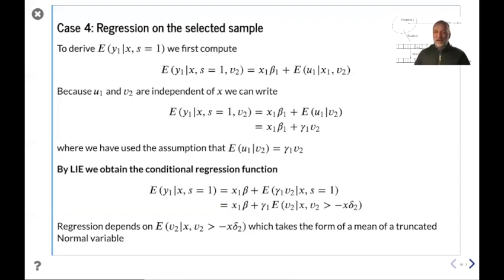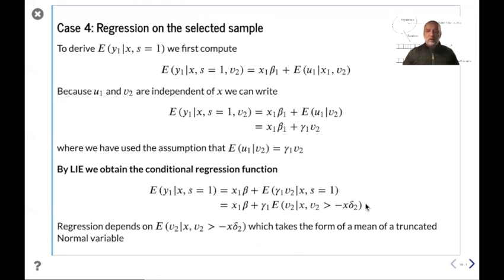So even though it has unconditional mean 0, for the selected sample, namely the case where this is supposed to be bigger than this value X delta, maybe they're actually bigger. And if these two terms are correlated in the specified way, then this coefficient is going to be non-zero, and this is not going to drop out, and we have kind of an omitted regressor problem.